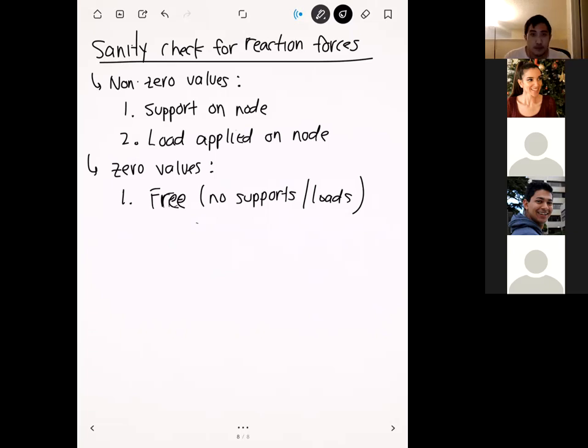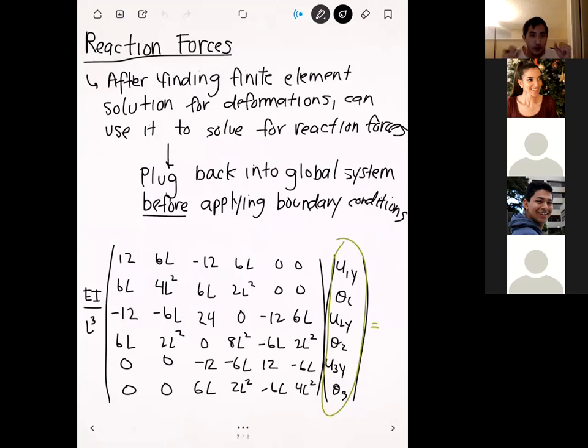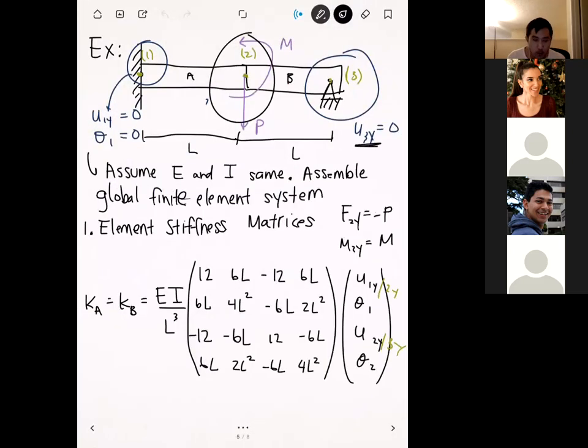Can you explain again the non-zero value one, the support on a node? Yeah. So what that basically says is that when you compute the reaction force, remember reaction forces are the actual forces that are felt on those nodes. Okay. What I mean by supports are the nodes that are having their degrees of freedom constrained. And so if we look at node number 1 right here, it's a fixed support, right?